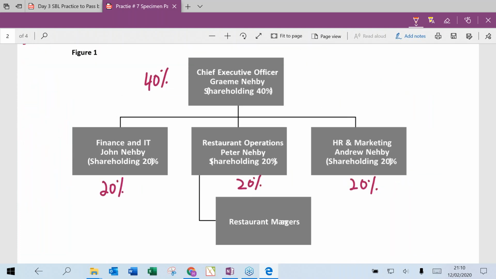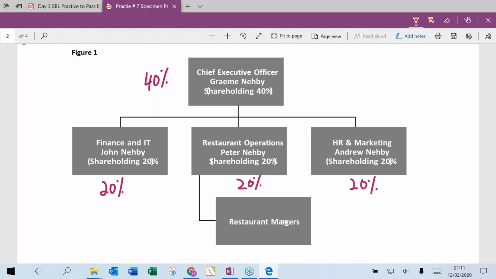So do you see the composition of the board? It's all family owned. There is no NED, correct? So we will say that currently the organizational structure is not given in the case, but the composition of the board has been given.